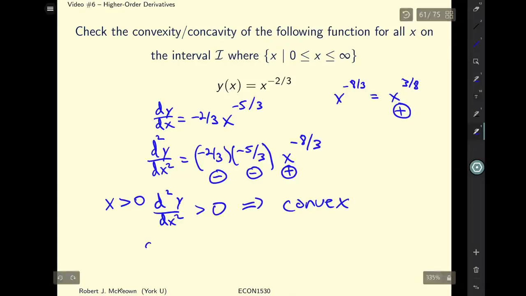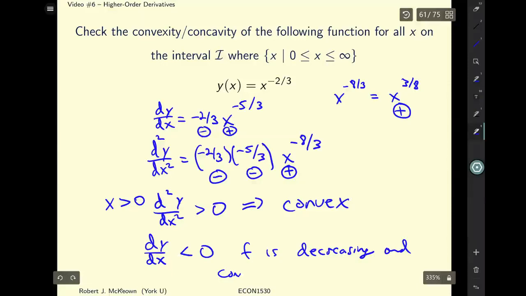And we know that dy over dx, you've got a negative here. This x is always going to be positive. And therefore this is less than 0. And so f is decreasing and convex on interval I.